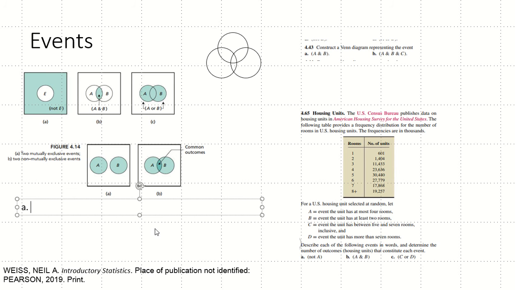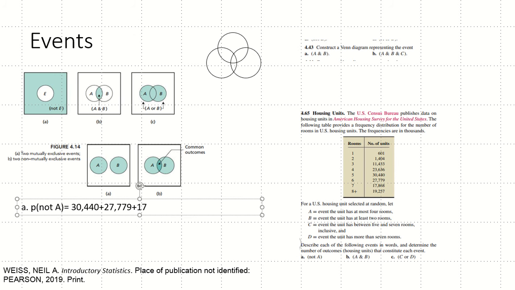And so the way we answer that, we'll say the probability of not A. So what's the probability of getting a housing unit that doesn't have 1, 2, 3, or 4 rooms? It would be the number of all these other housing units divided by the total number of housing units, and that will give us our answer.